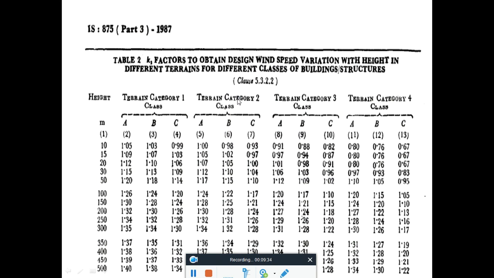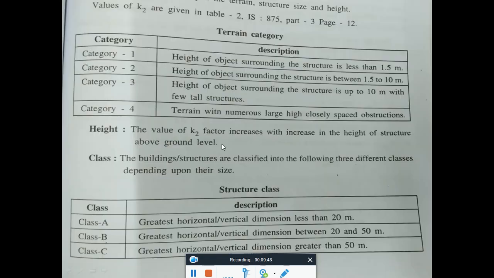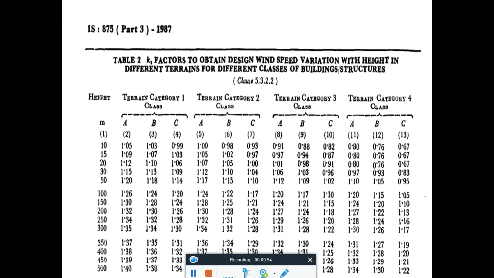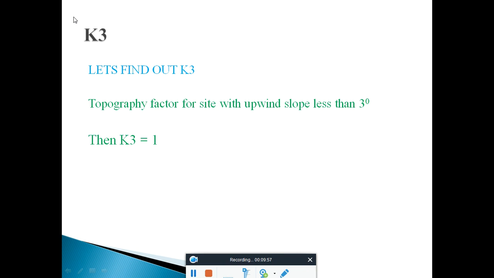So category 2, class is B. Now height of our structure is 10 meter. Hence we will come in the line of 10 meter. Class is B, category is 2, value is 0.98. Hence I have written here value of K2 is 0.98. This is so simple.